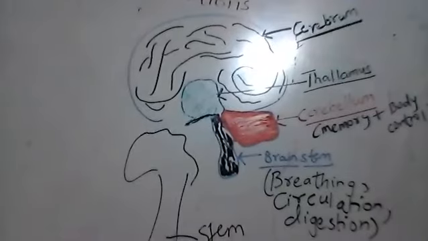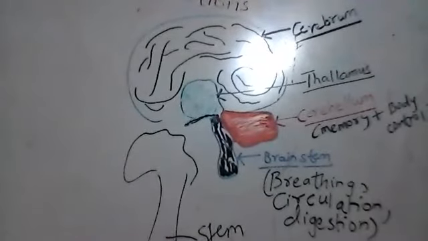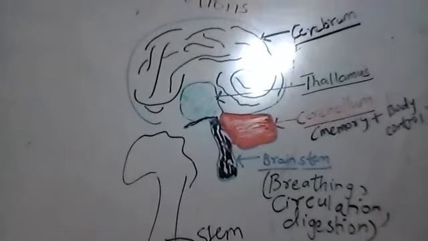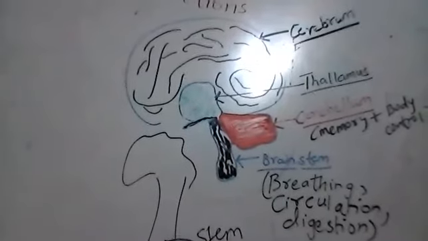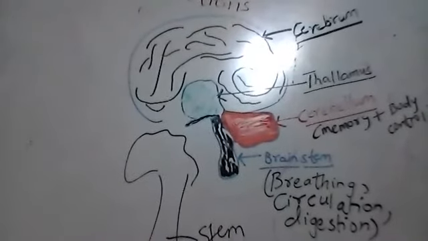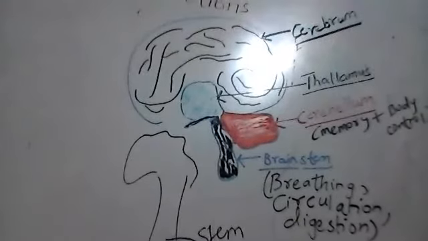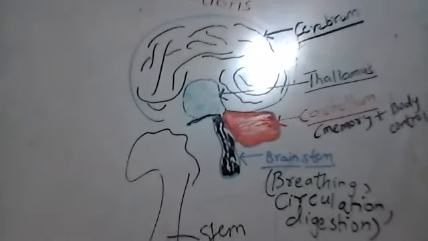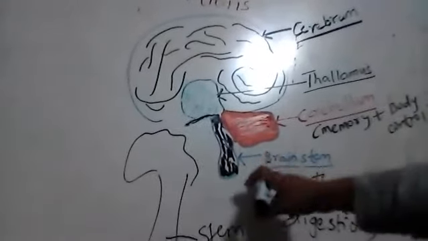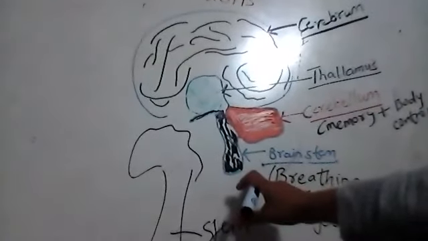We learned that in the digestive process, how digestion takes place. Now all this digestion, how you inhale and exhale from your nostrils, your breathing, digestion, circulation, your blood flow, everything is governed by this brain stem. So that is the function of the brain stem.